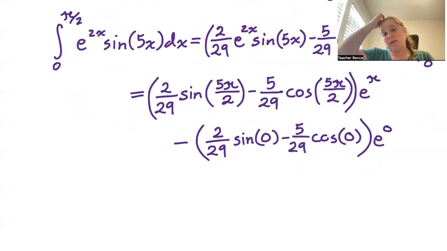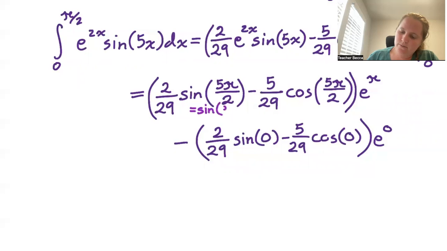Sine of 5 pi over 2, that's equivalent to sine of pi over 2. And sine of pi over 2 is just 1. Cosine of 5 pi over 2, again, that's the same thing as cosine of pi over 2.